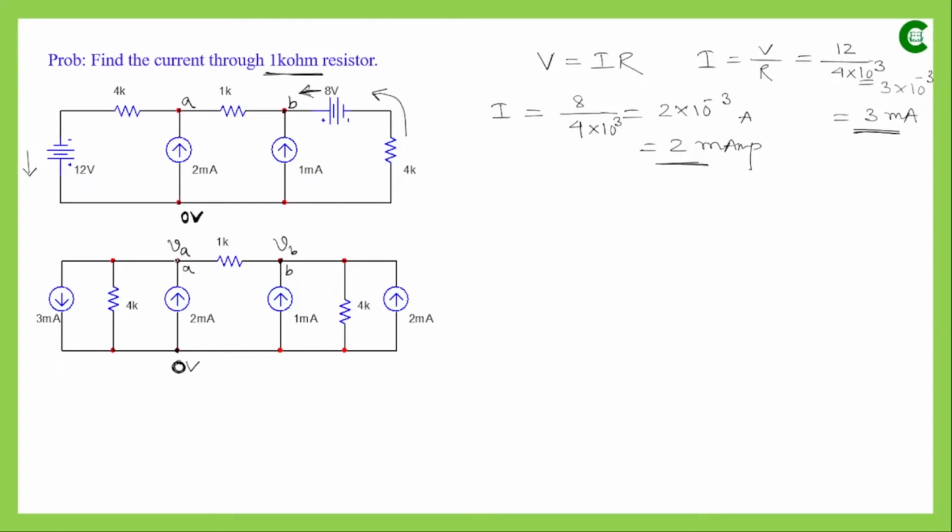Now at node A, if we apply KCL, then we know that the summation of all the incoming currents will be equal to the summation of all the outgoing currents with respect to that node. With respect to this node, for this current source, the direction is given.